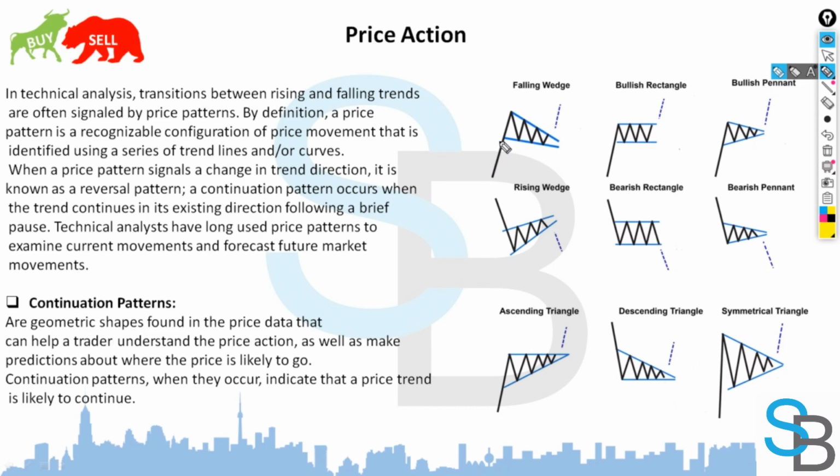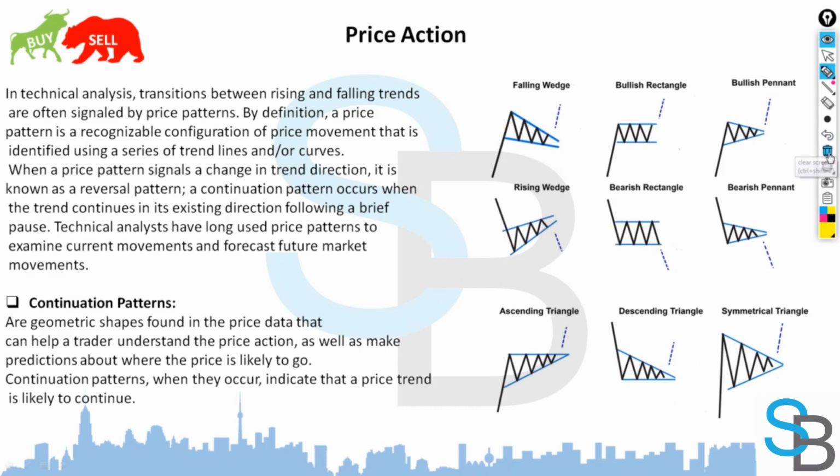That means the market will do a brief pause, then break out of the flag or the triangle to continue its uptrend, and it's the same case for a downtrend. This is a triangle or a rectangle, or what we name a flag. If it goes like this, it's like a flag.